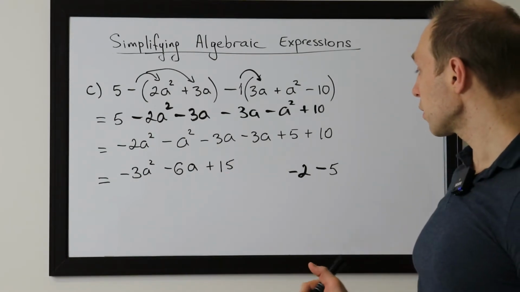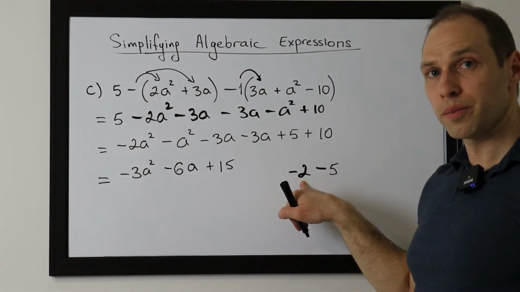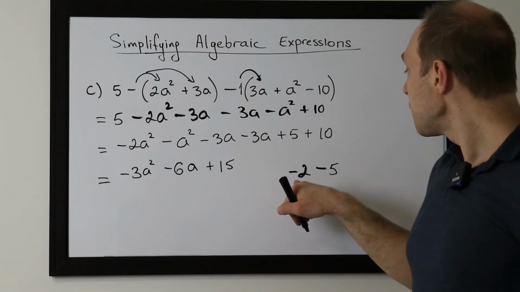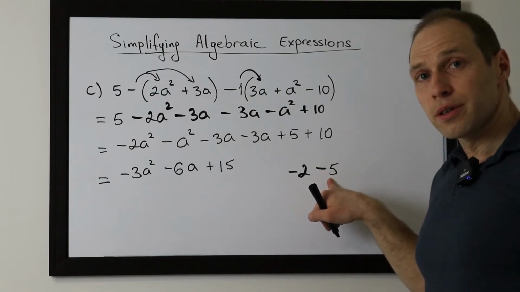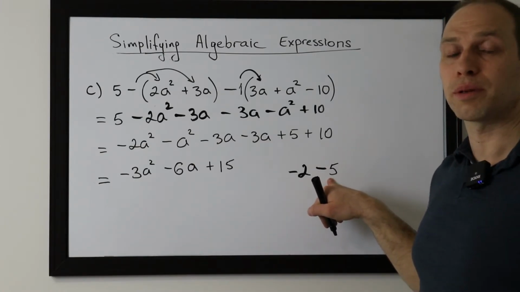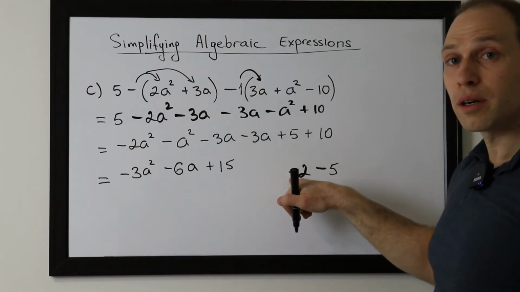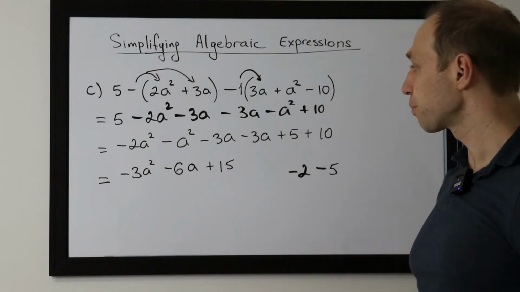If you go down 2 floors from the ground floor, you're on the negative 2nd floor, so you're in the underground parking lot. If you could go down another 5 floors, you'd be on the negative 7th floor. So that's probably one of the best ways to remember how to deal with subtracting from a negative number. Okay?